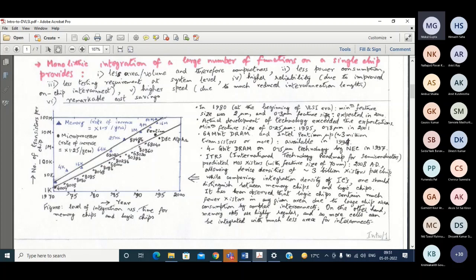Probably you know about the book by Mead and Conway. I'll send you the name. Mead and Conway, the two authors at Caltech, that is California Institute of Technology. They wrote that on NMOS devices. You just type in Google Carver Mead, M-E-A-D, and Lynn Conway, L-Y-N-N, C-O-N-W-A-Y.